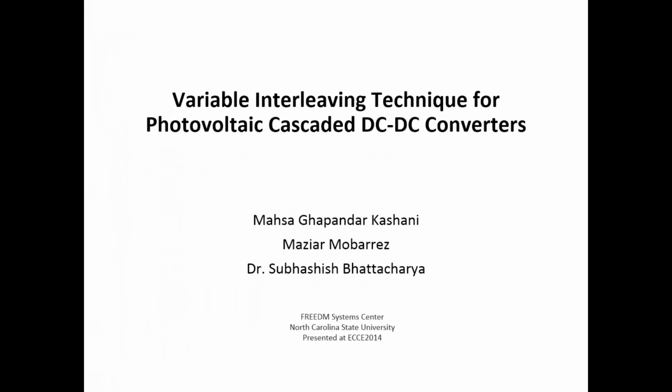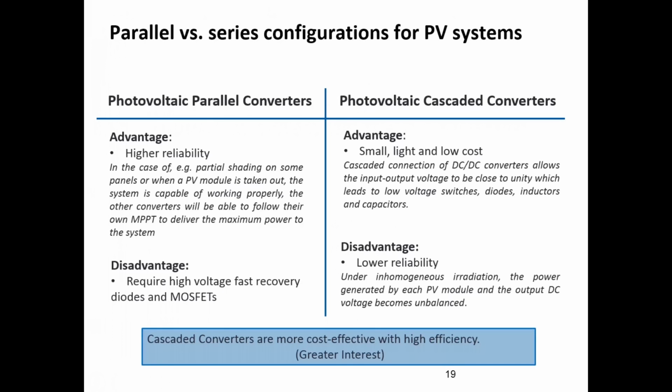So again, another example is PV, and of course, as everybody knows, there's lots and lots of work going on in PV, and we need more and more research to make PV as inexpensive as possible. And so we're looking at different kinds of configurations for PV systems all the time, where we're looking at parallel converters or cascaded converters.